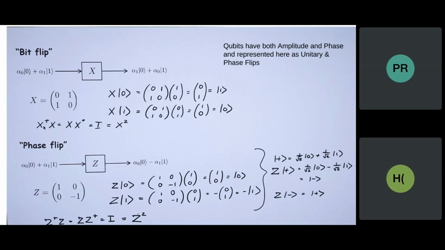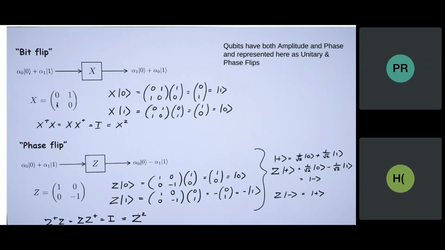Also you can say X dagger X equals X X dagger equals identity, or X squared. So what it means is that any quantum gate, in this case we call it X gate or Pauli-X, is first of all unitary.